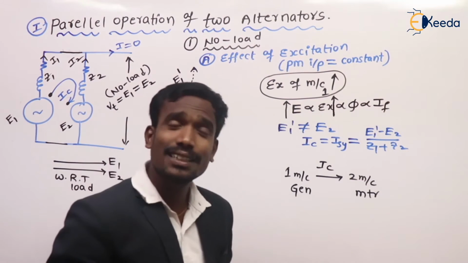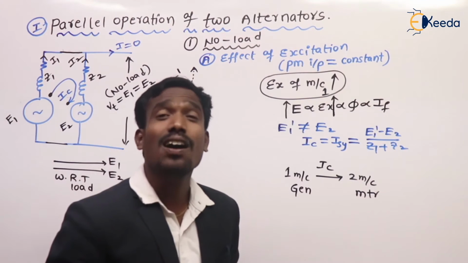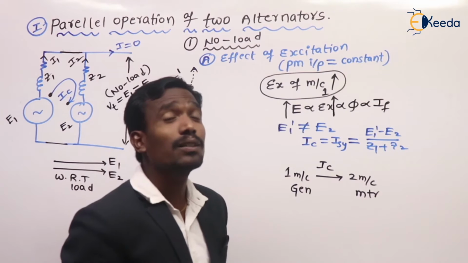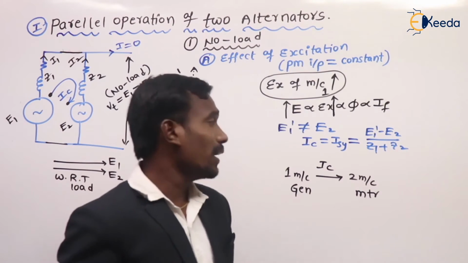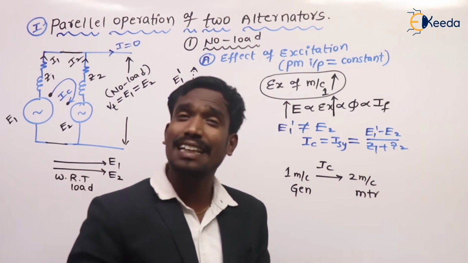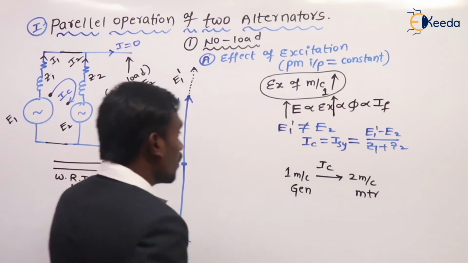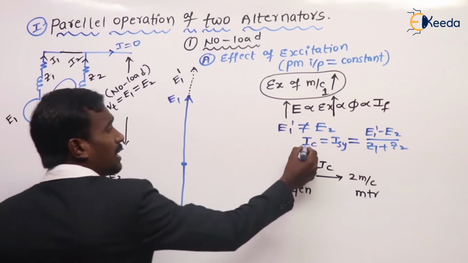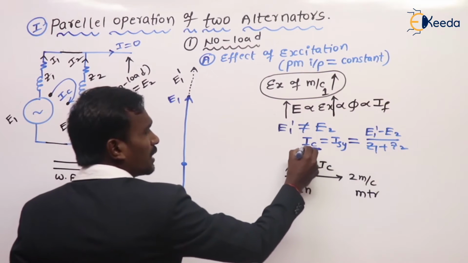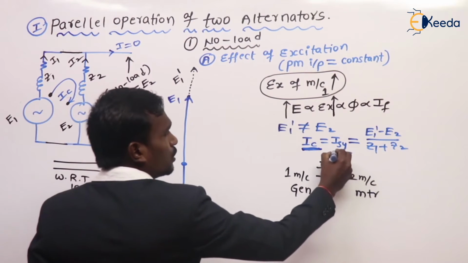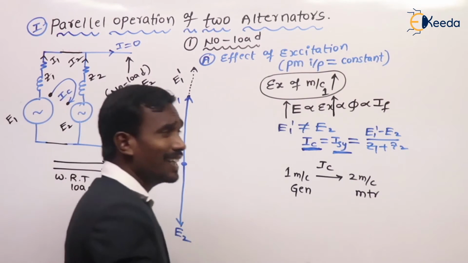So generator is nothing but an alternator. We have to operate our alternator in lagging load, and we have to operate our motor in leading load. This is by default. Due to this circulating current, this synchronizing current only, machine 1 acts as a generator.